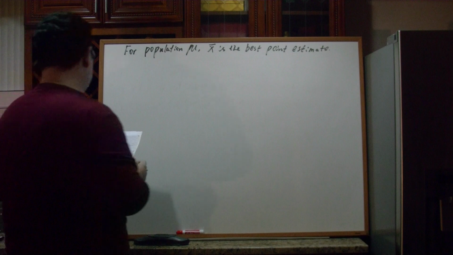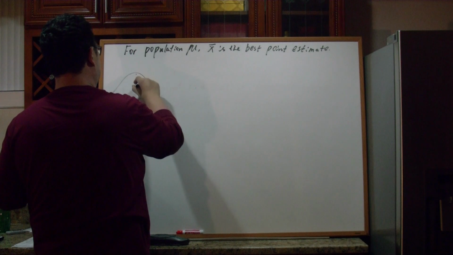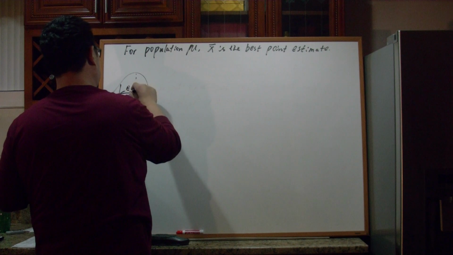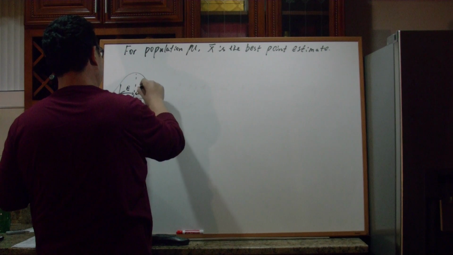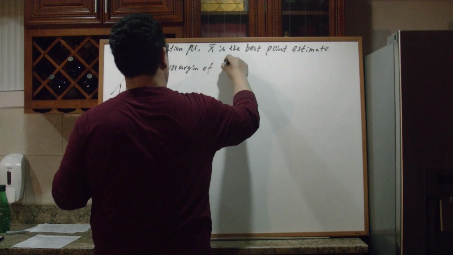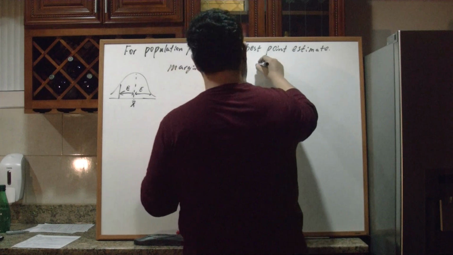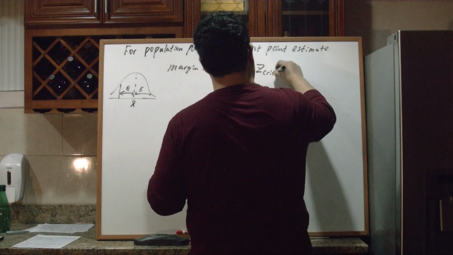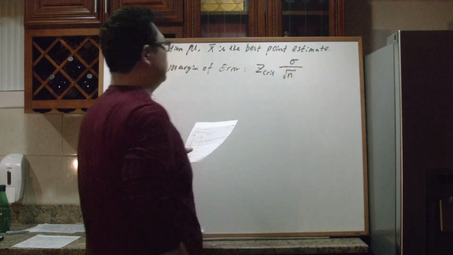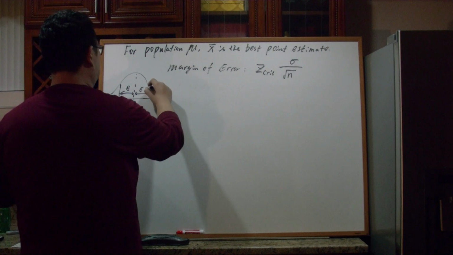Then the margin of error follows the normal distribution. It is the critical z-score times sigma over radical n.